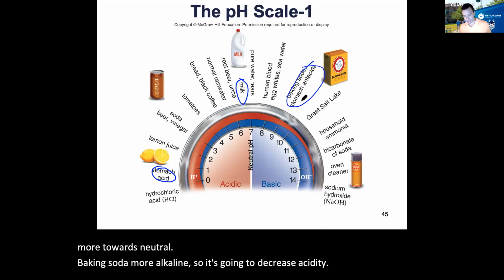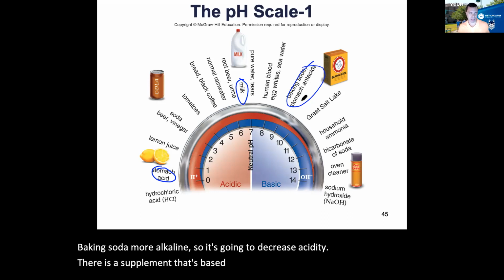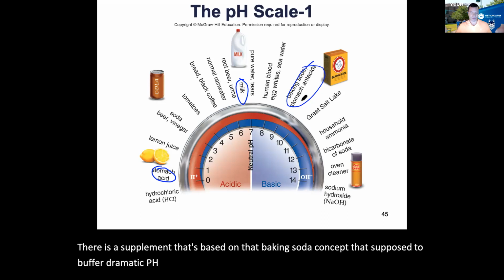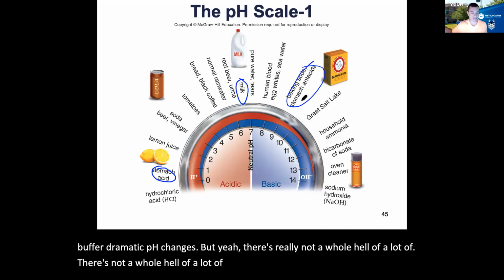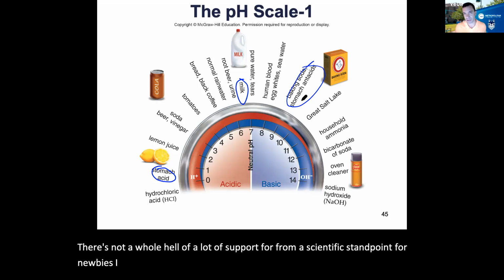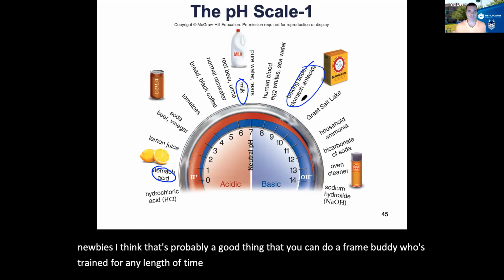There is a supplement that's based on that baking soda concept, and that's supposed to buffer dramatic pH changes, but there's really not a whole lot of support for it from a scientific standpoint. For newbies, I think that's probably a good thing that you can do. But for anybody who's trained for any length of time, those buffers, they're not necessarily all that effective.